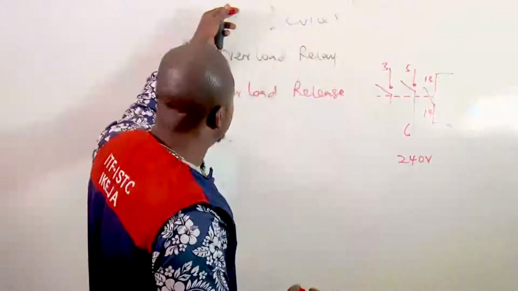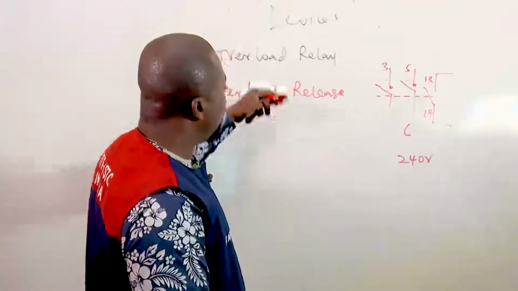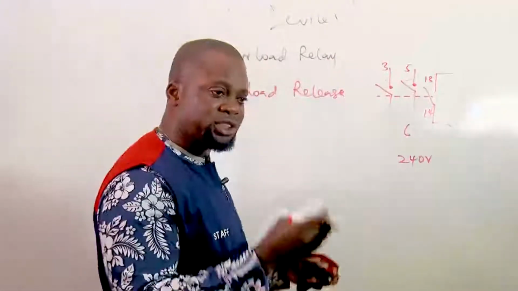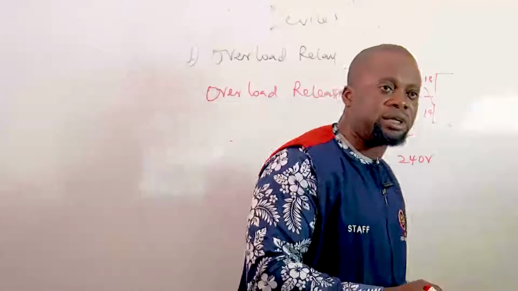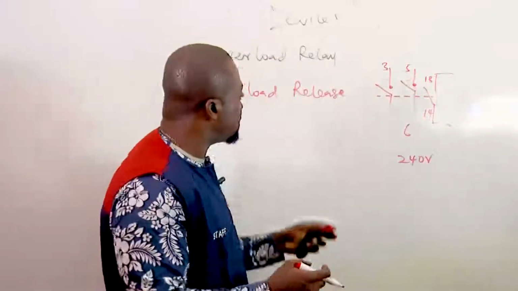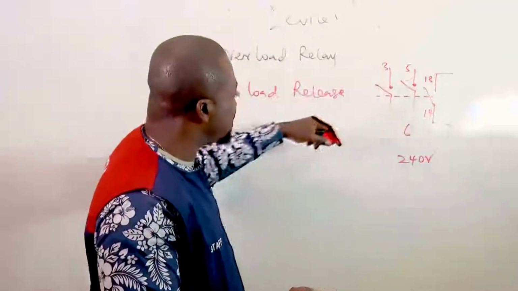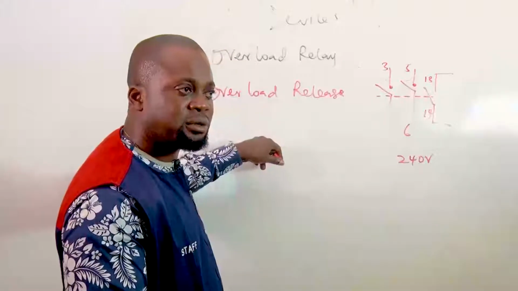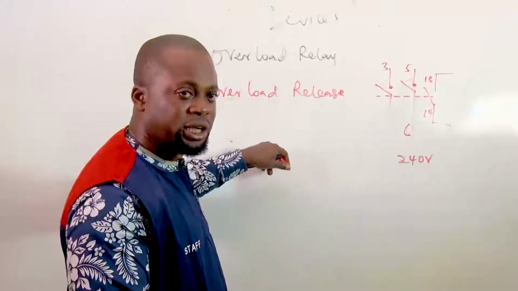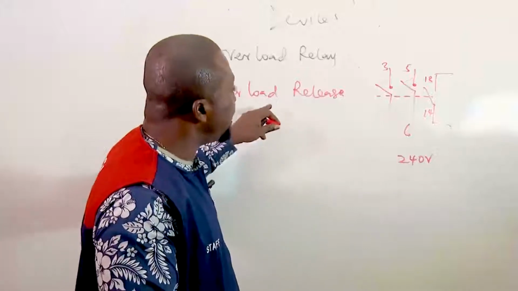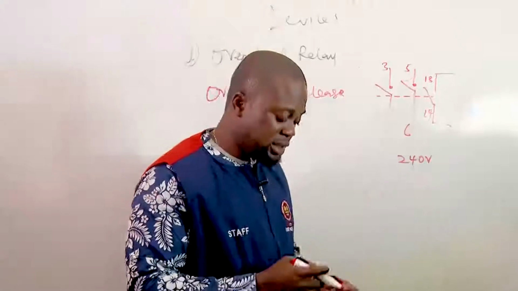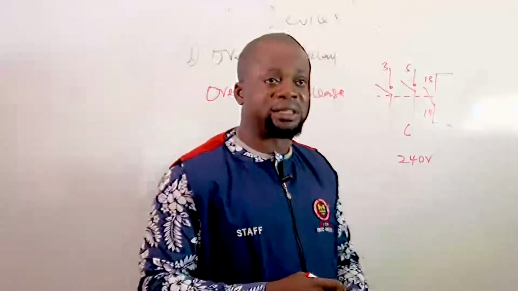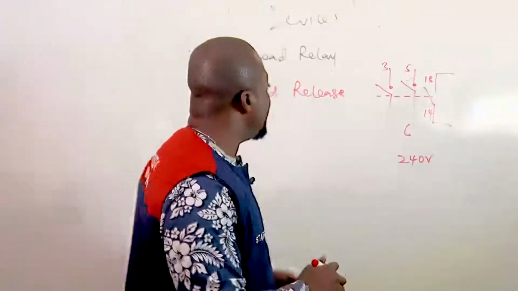If a fault passes through from the mains and goes through the contactor, the overload relay will definitely arrest it when connected in a circuit. That is why we refer to the overload relay or release, as the names imply, as the most sensitive part that protects the electric motor.